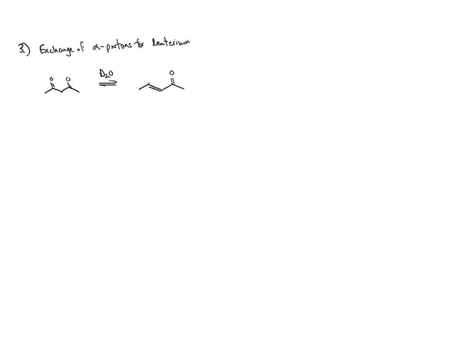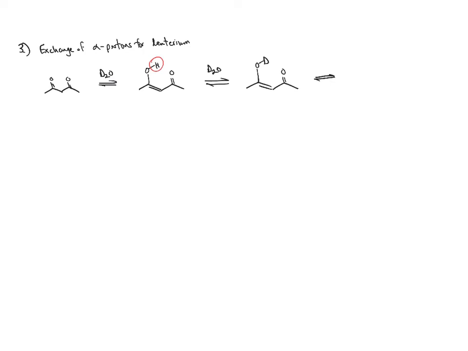So let's say we get this enol to form. What happens next is that the deuterium will become incorporated. And so you will exchange the proton that's on the oxygen, which is pretty acidic, pretty labile. You exchange that proton for a deuterium.